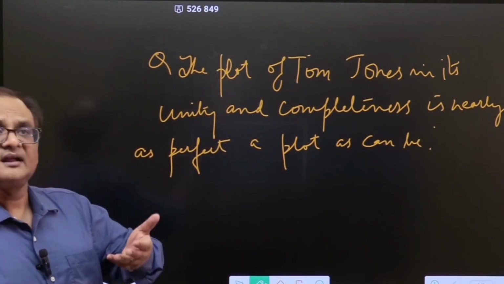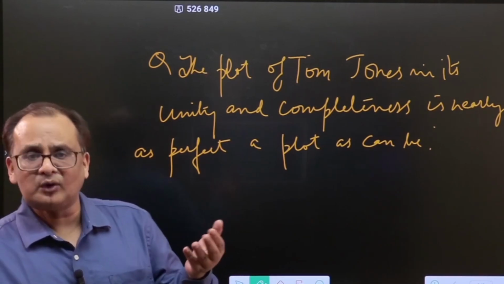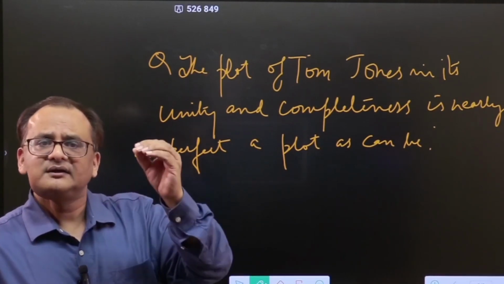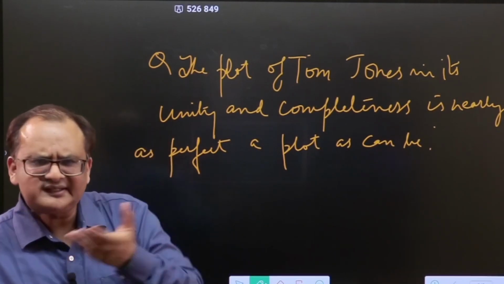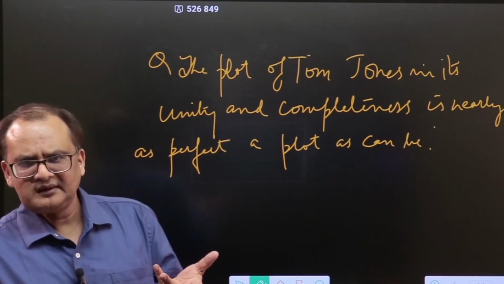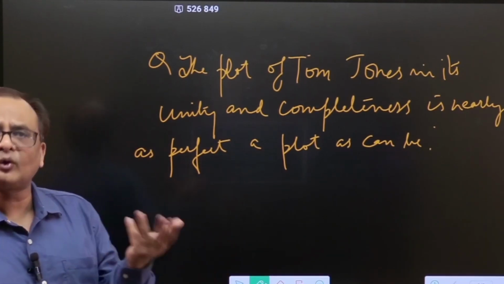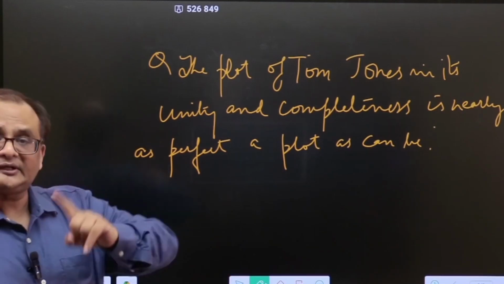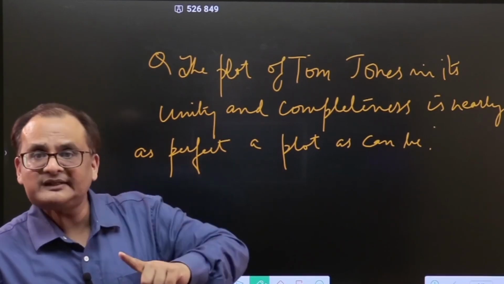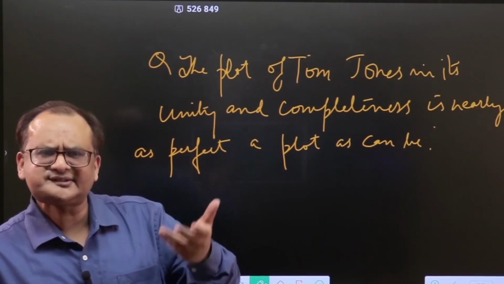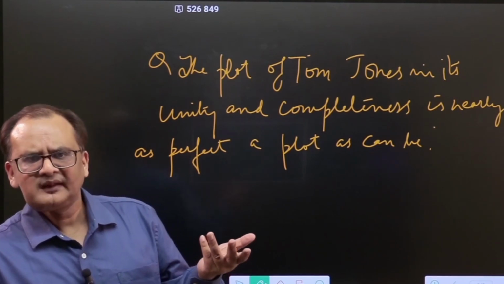And the hurried ending of the novel gives one a feeling of crowdedness towards the end of the novel. Fielding himself was quite conscious of this, क्योंकि उन्होंने book 18 में he has addressed these things a lot.